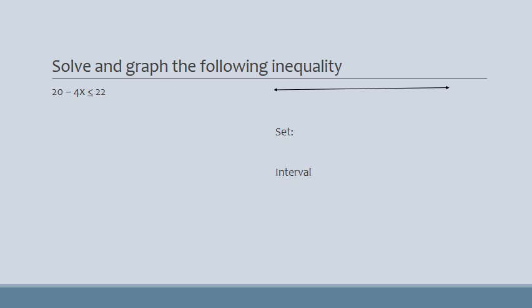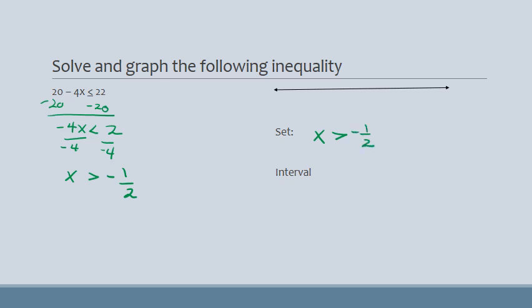In this example, I'm going to subtract 20 from both sides, and I'm going to get negative 4x is less than 2. I'm going to divide both sides by negative 4. Since I'm dividing both sides by a negative, I've got to flip the order symbol so it's greater than negative 1/2. In set notation, x is greater than negative 1/2.